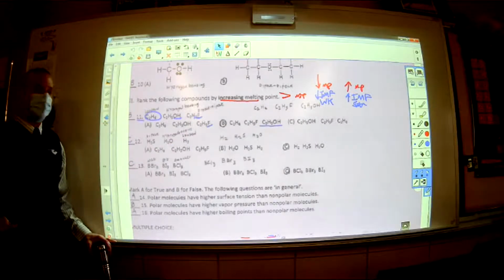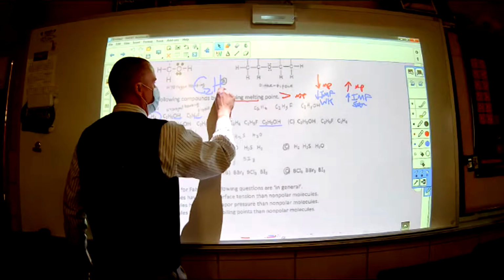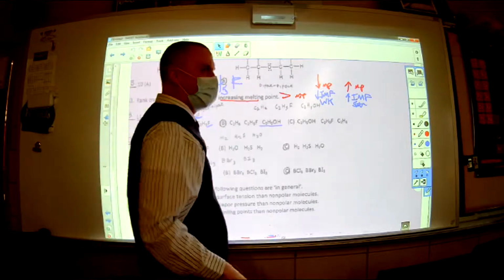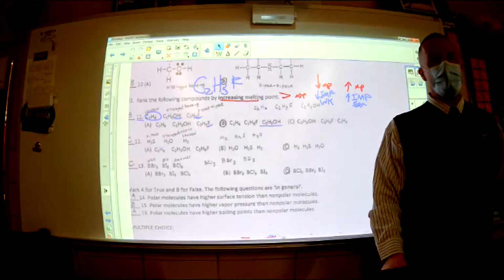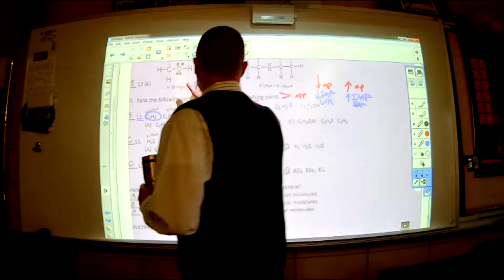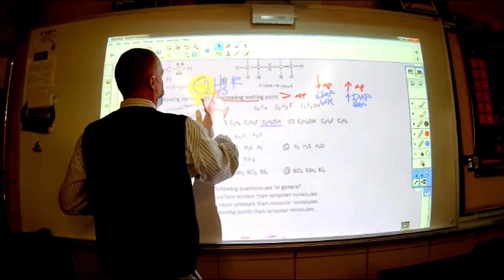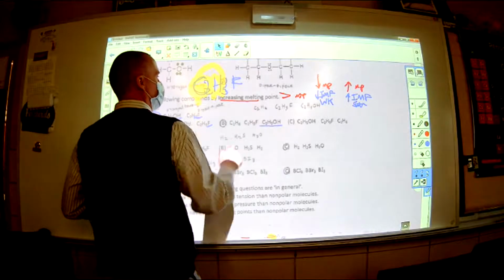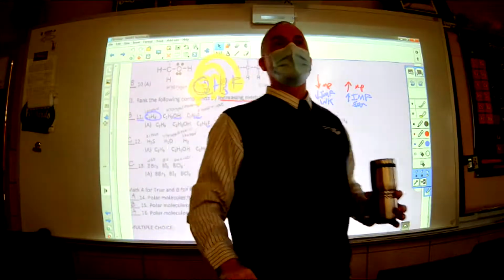Someone might say they wrote the formula like this, C2H5F. What does that mean when they write it that way? The carbons are first. These hydrogens are on the carbon. I know the fluorine has to be on the carbon and not the hydrogen.